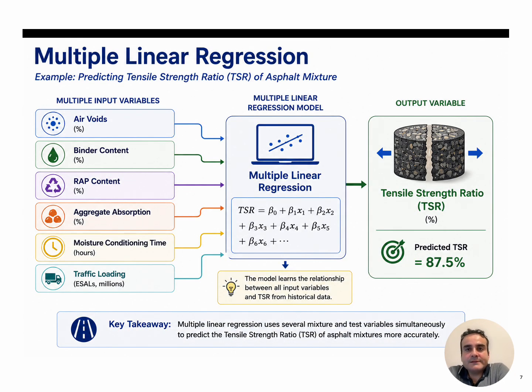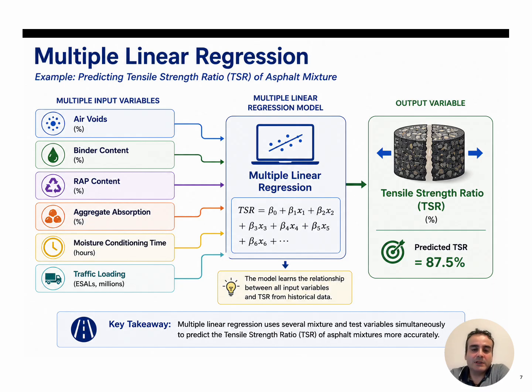So far we have considered one input variable. In the previous example we had one input variable, which was exposure time, and one output variable, which was the carbonation depth. However, most real engineering problems involve several variables at the same time. Multiple linear regression extends the same idea to multiple inputs.